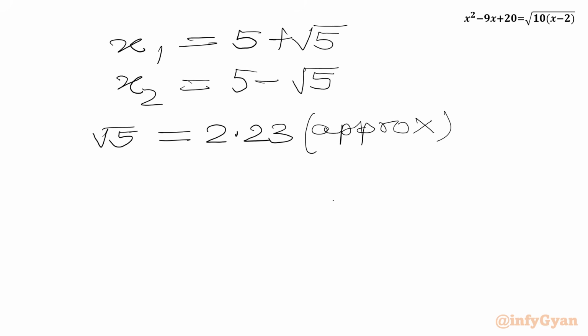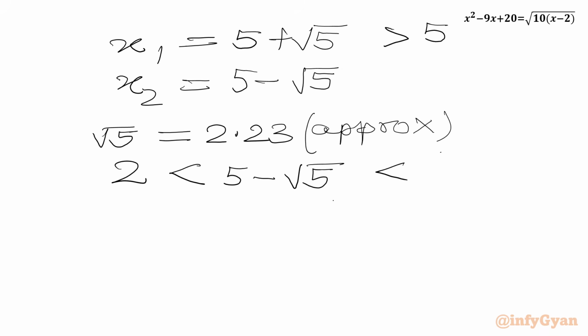So 5 plus square root 5 must be greater than 5. And the value of 5 minus square root 5 will be in between 2 and 4. So we are going to accept both the solutions.